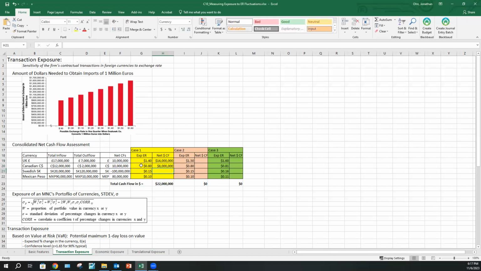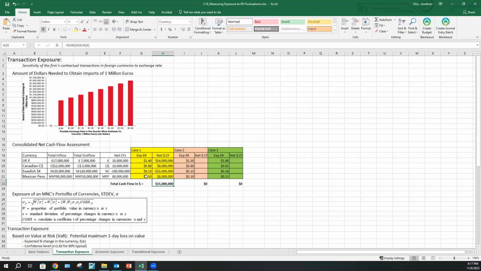Swedish krona, 100 million times 15 cents. And Mexican peso, 80 million times 10 cents.